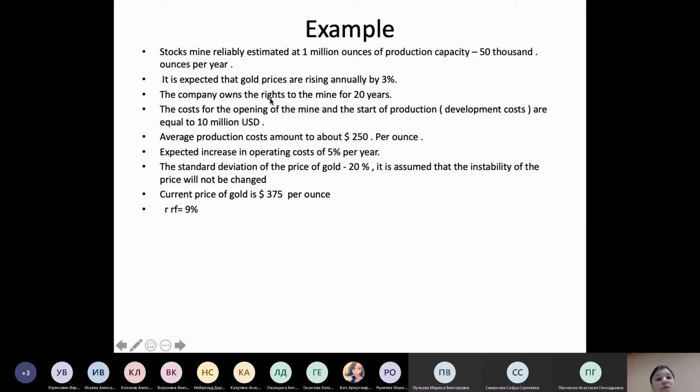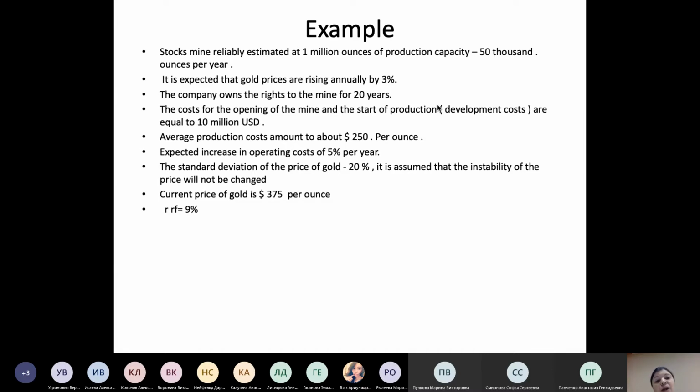The company owns the rights to the mine for 20 years. In other words, 50,000 ounces per year, and the period of existence of this option is 20 years. The total reserves of our company are 1 million ounces.